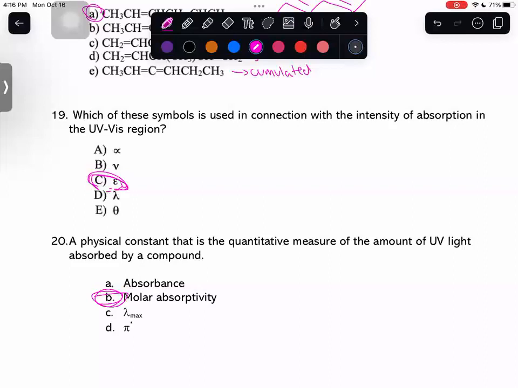Oh, I have no idea. From the top of my head, I have no idea. I think it's A equals epsilon something, but I don't know from the top of my head. You're not going to be asked for the full equation. So you guys can pretty much just memorize those two questions, okay? Those are the only kind of questions that you might encounter.